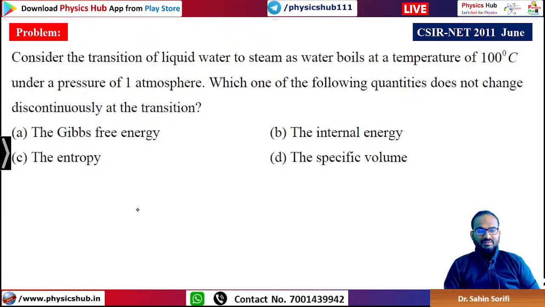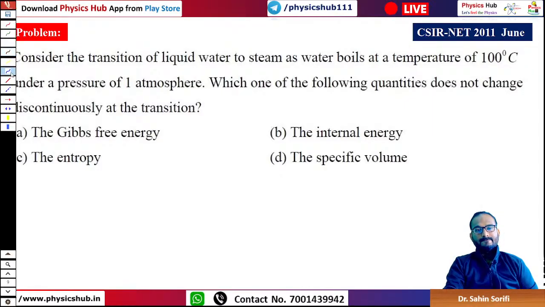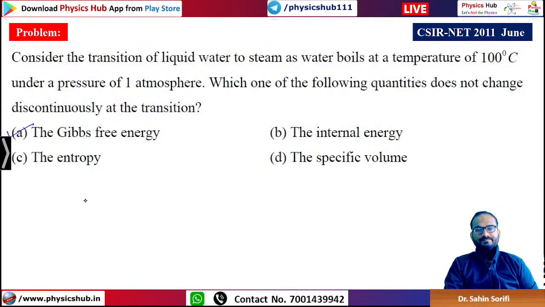Option A, Gibbs free energy. Yes, so simple. Entropy changes discontinuously, that you know.